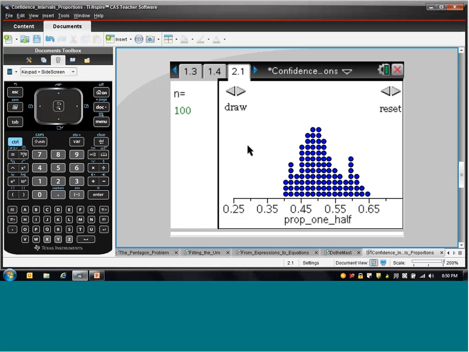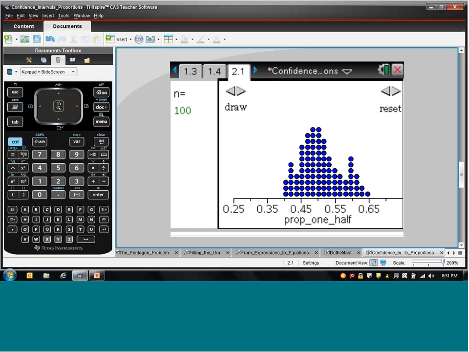So it's kind of different, but not all that much different from the original. So I could continue to do this. And let me just see, that 0.45 that I had as my observed sample looks like it could come from a population where half of the people were male.